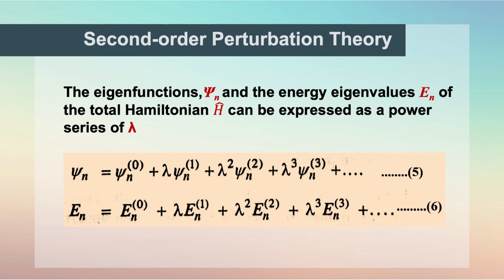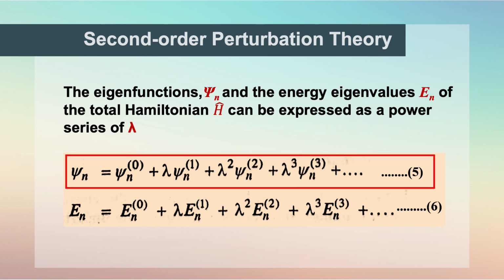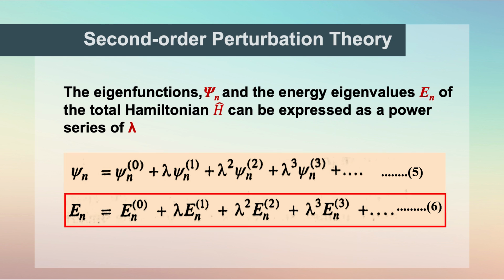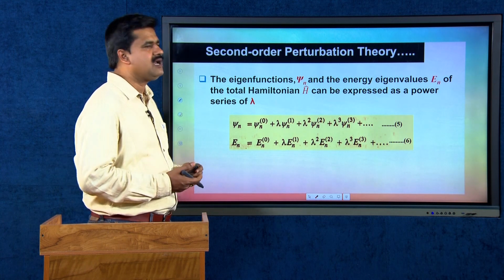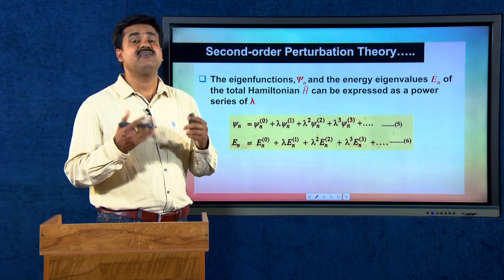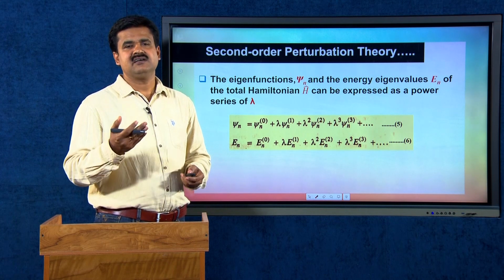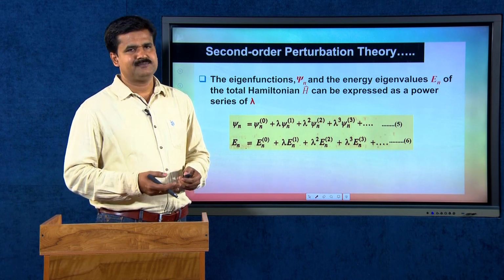Based on that, we can put psi n is equal to psi n0 plus lambda psi n1 plus lambda square psi n2 plus lambda cube psi n3, etc. Finally, En is equal to En0 plus lambda En1 plus lambda square En2 plus lambda cube En3, etc. up to lambda raised to n En raised to n. So, we can represent psi n as well as En as a power series in the perturbation parameter lambda.